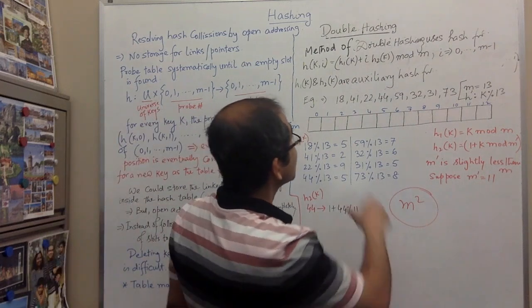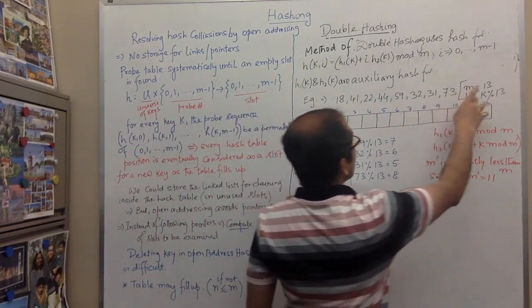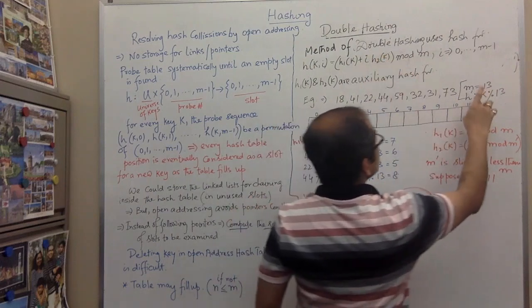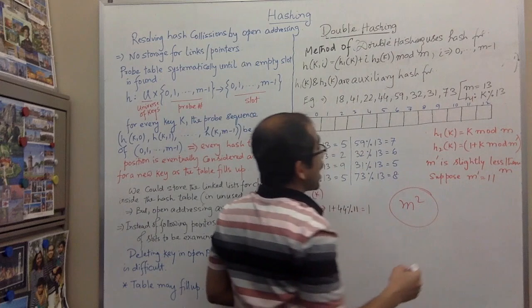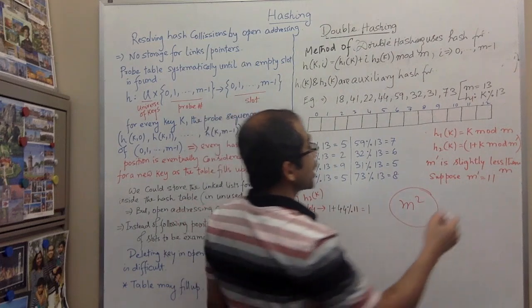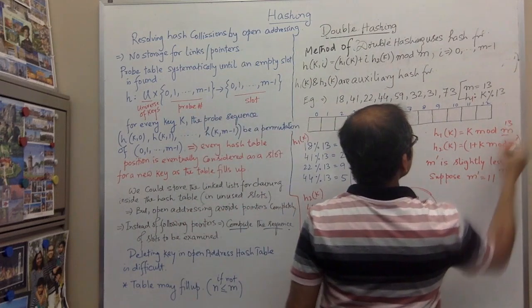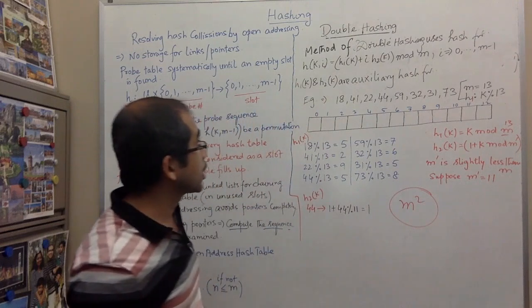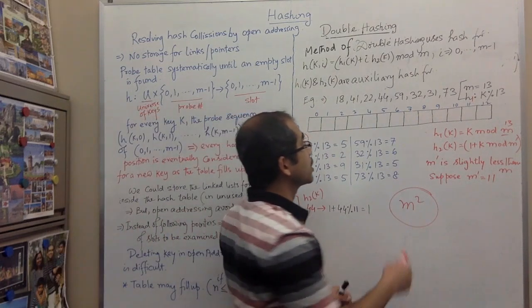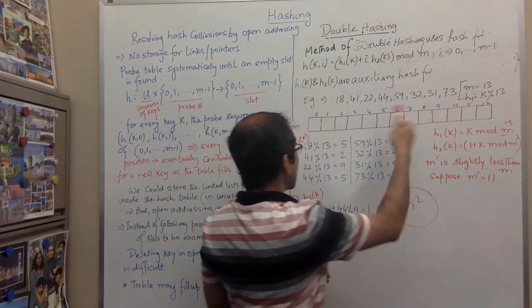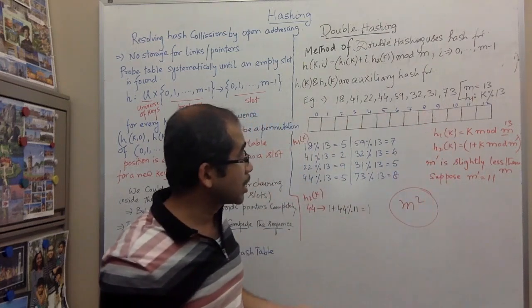Now let's see the same example, where in the initial h1, it was k modulo 13 for this table, and m is 13. For h2k, we assume that it generates odd numbers if m is an even number.